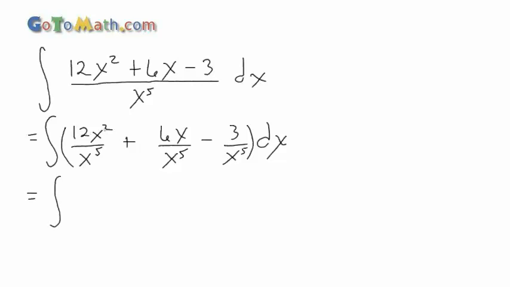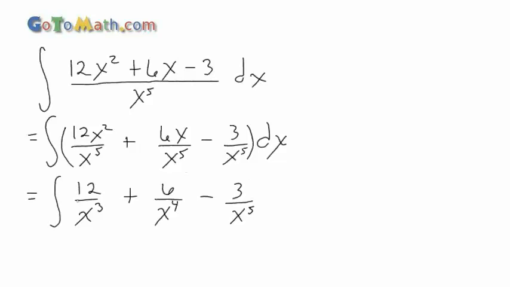Okay, so we got 2 x's in the numerator, 5 in the denominator. We can cancel some of those out. We'll cancel 2 of them out in the denominator, be left with x to the third. Okay, we got 1 up here in the numerator, 5 in the denominator. So that will become x to the fourth minus, and there's nothing we can do here.